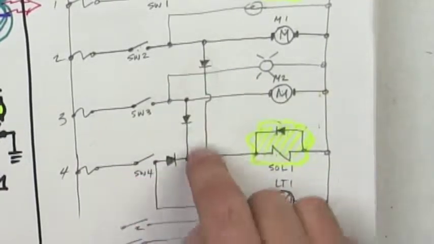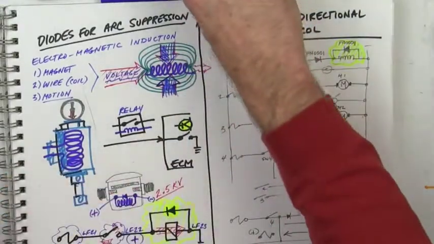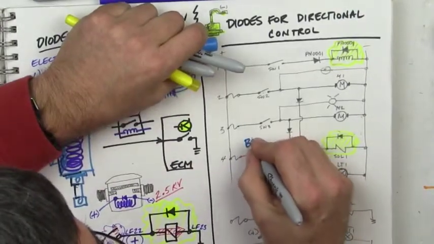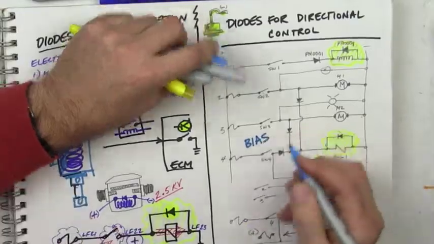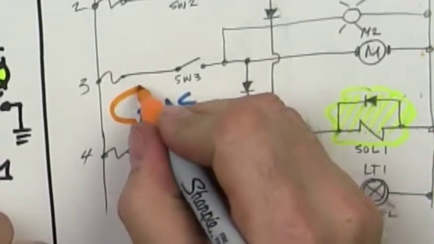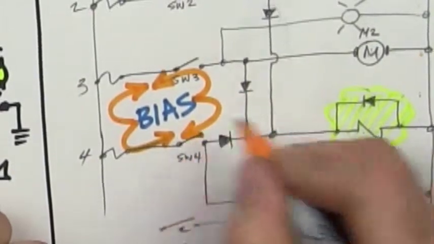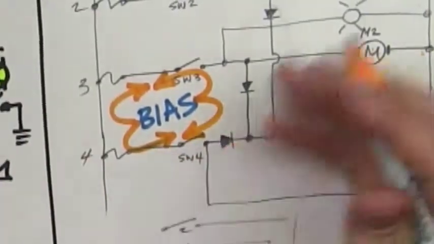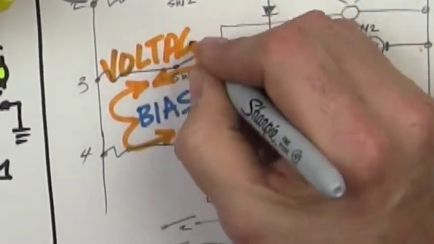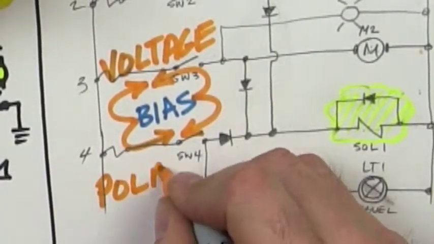So the bias, this is important, the bias of the diode flip-flops, depending upon the voltage, or if you want to get persnickety, we could call it the polarity.